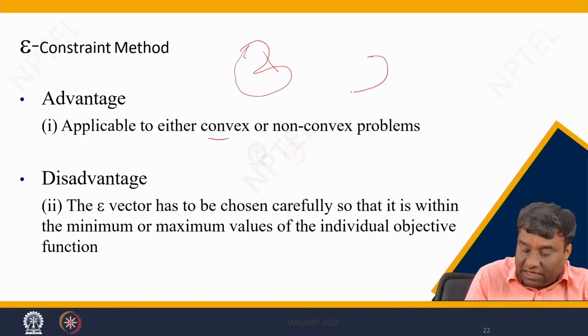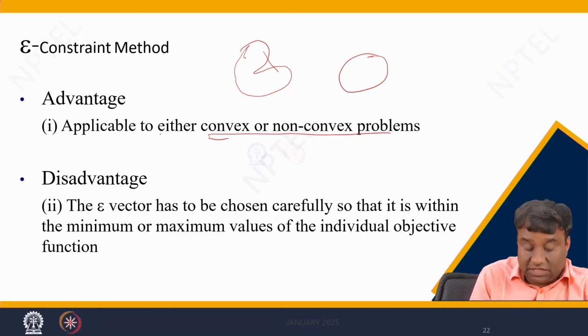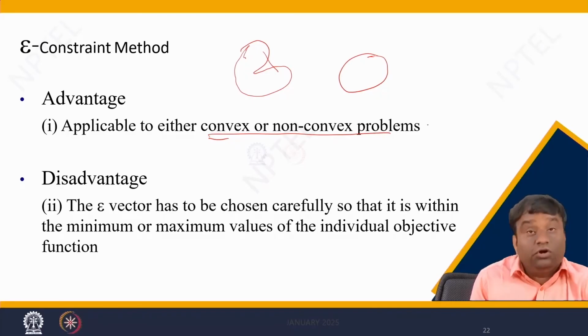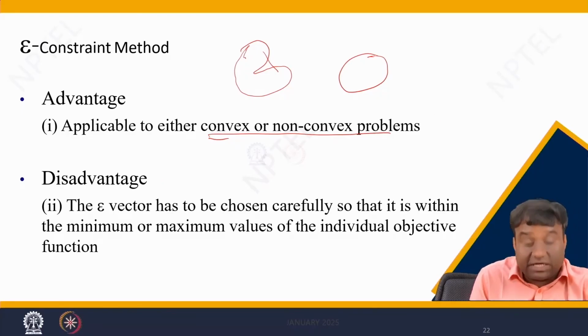If it is like this, you can say it is convex. So this is one example. I'll discuss these things later. The disadvantage is that the epsilon vector has to be chosen carefully so that it is within the minimum or maximum value of the individual objective functions. So that is one disadvantage.